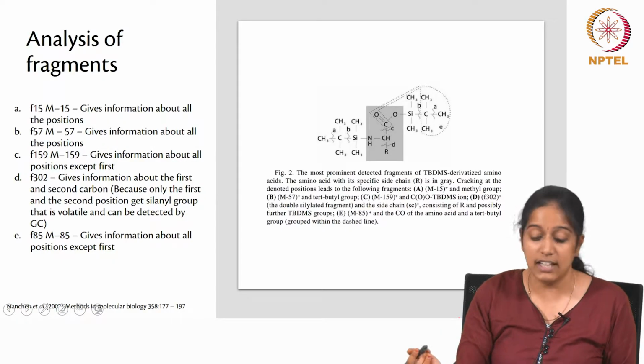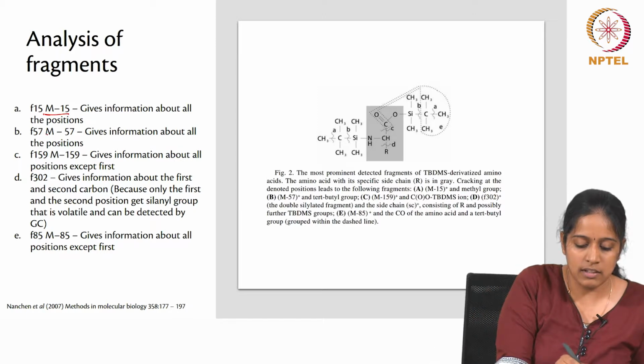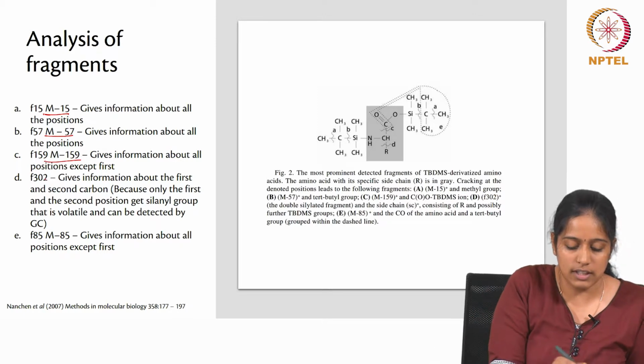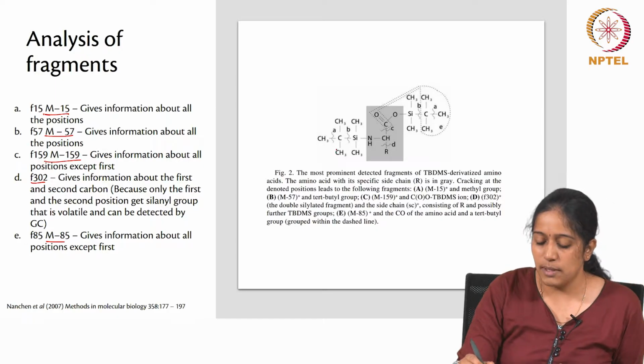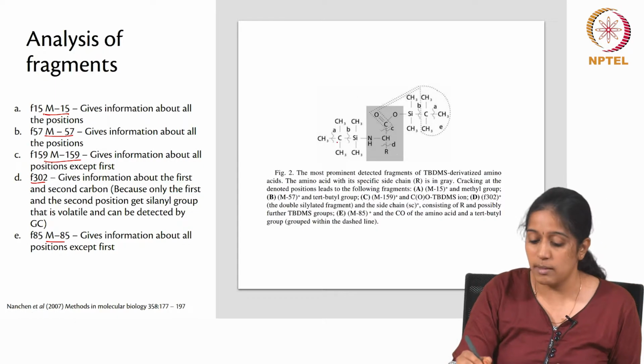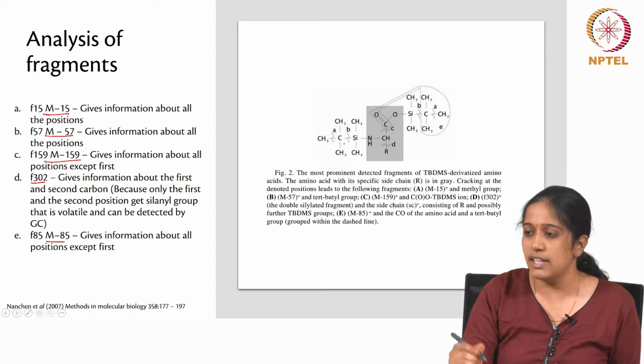This is again a recap of what we saw in the last lecture: m minus 15, m minus 57, m minus 159, F302 and m minus 85, and these are because the derivatized form of the amino acid gets cleaved at different positions.